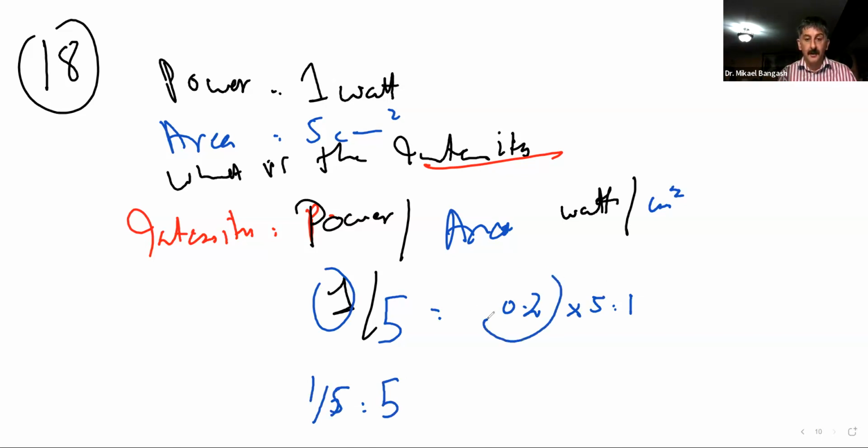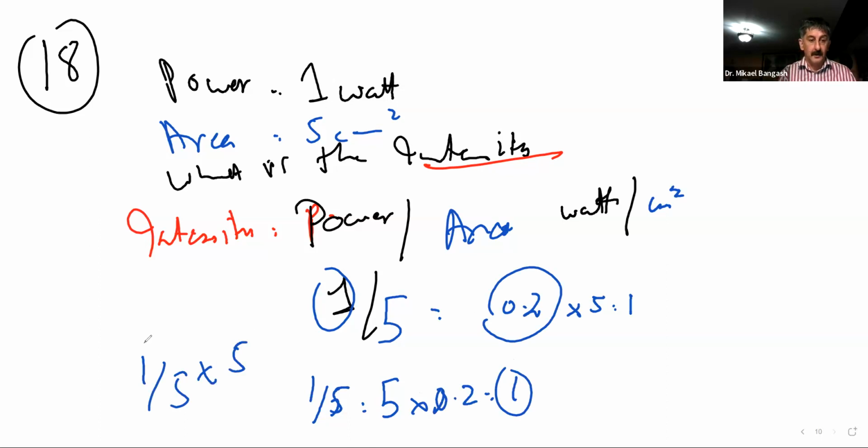But you multiply the value here. So does that become 1? Yes, because this multiplied by its reciprocal still becomes 1. Clear?